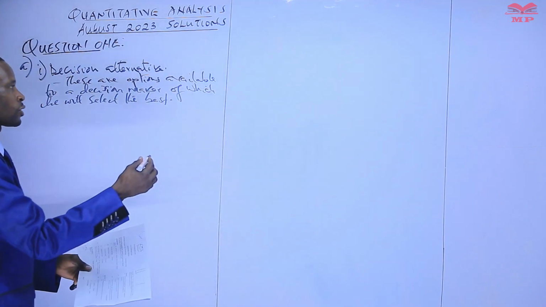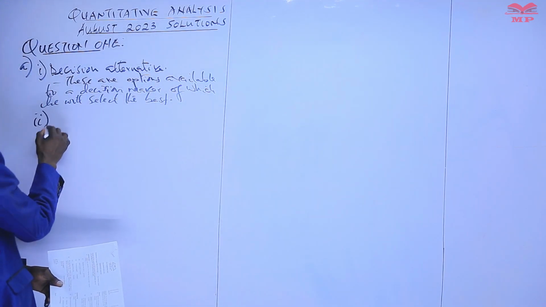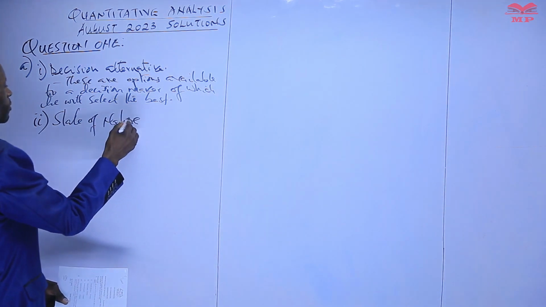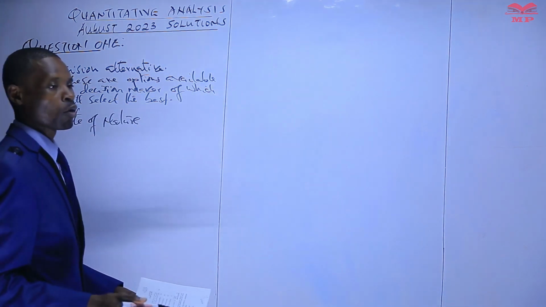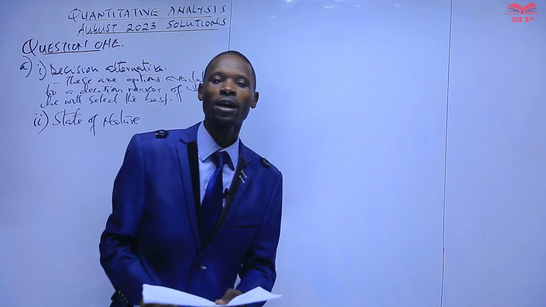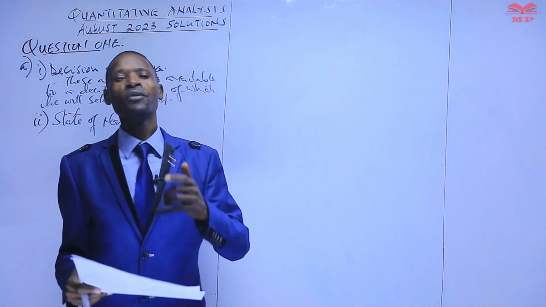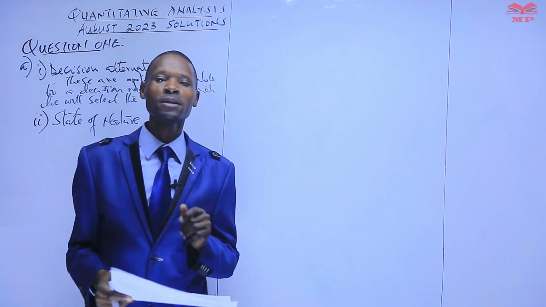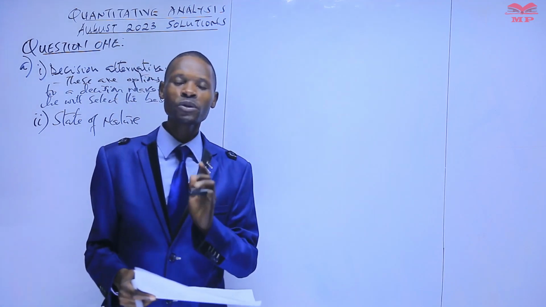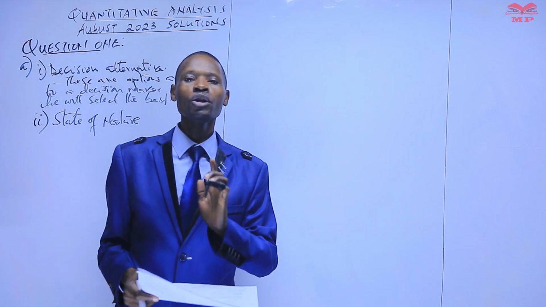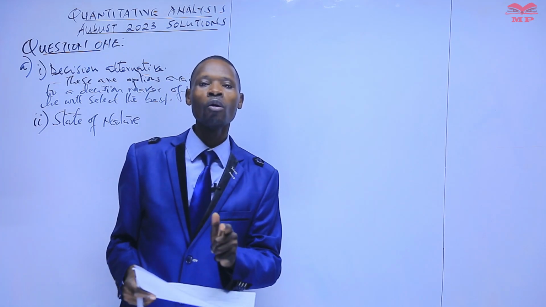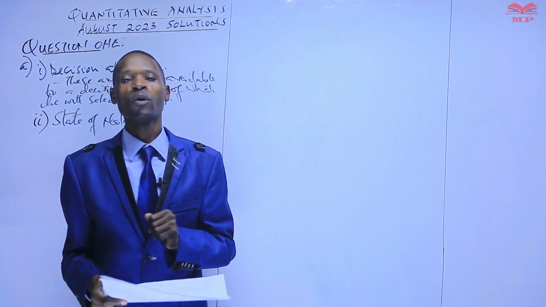Roman 2 is state of nature. My good people, state of nature, it means that they are circumstances which are beyond control of a decision maker or management.